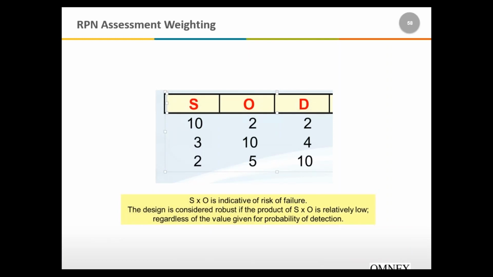One of the things we do is ask people, which one would you work on? Would you work on the severity 10? Or would you work on the occurrence 10? Or would you work on the detection that's at 10? And it's interesting to know how decision making is done.